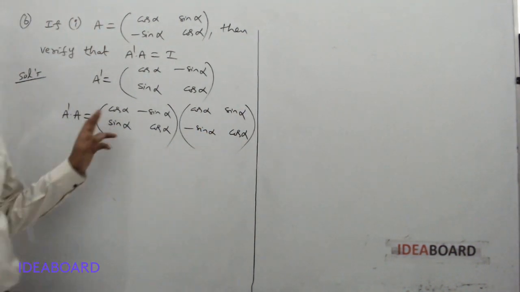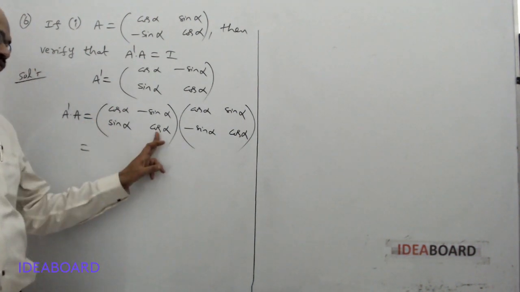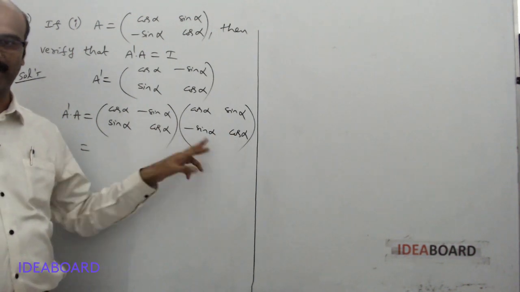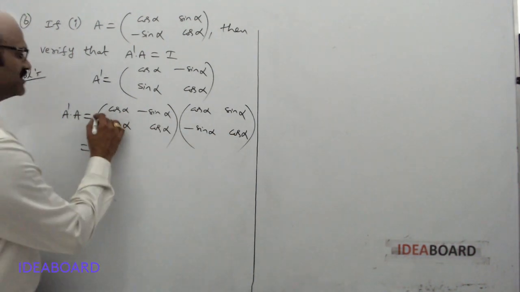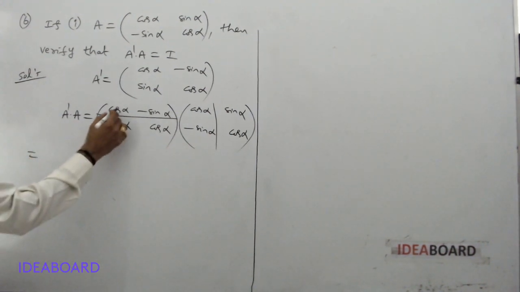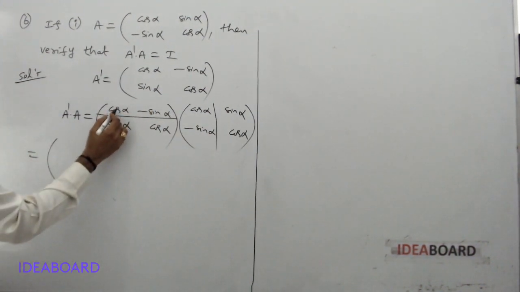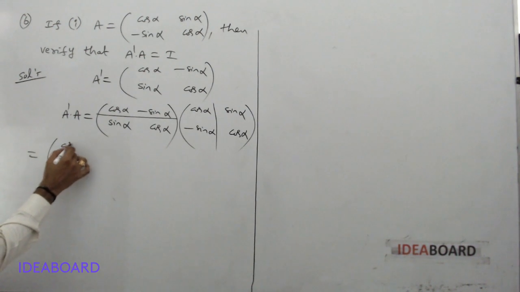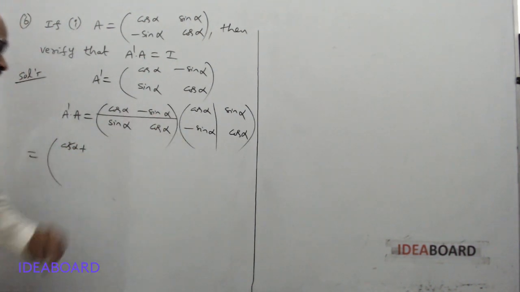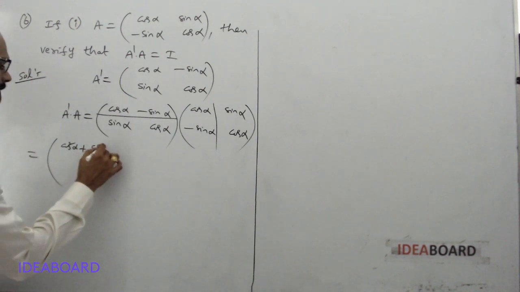The number of columns in A dash equal to 2, the number of rows in A equal to 2, so we can multiply these two matrices. We take first row into first column: cos alpha into cos alpha, cos square alpha, plus minus sin alpha into minus sin alpha, sin square alpha.